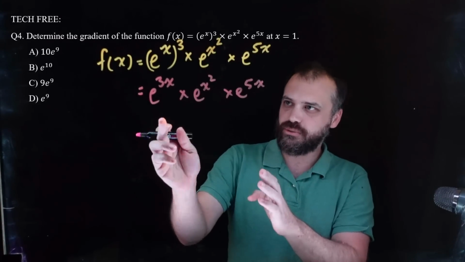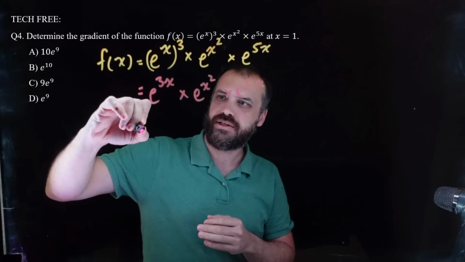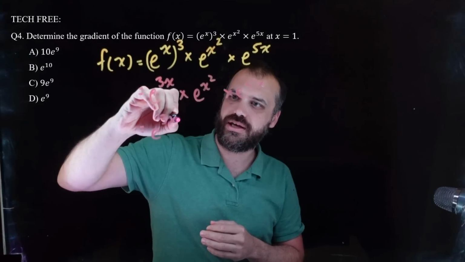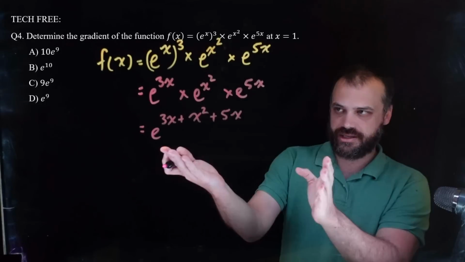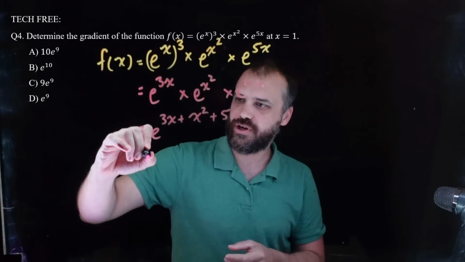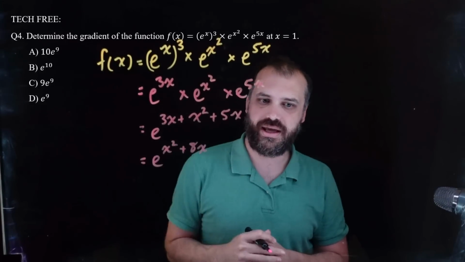If you multiply things that have the same base, you just add the powers together. So we get e to the 3x plus x squared plus 5x, and we can simplify that to e to the x squared plus 8x.